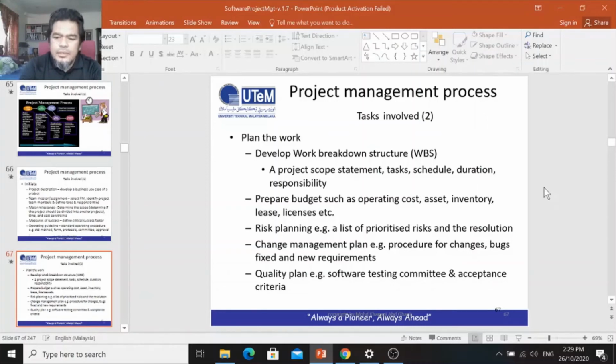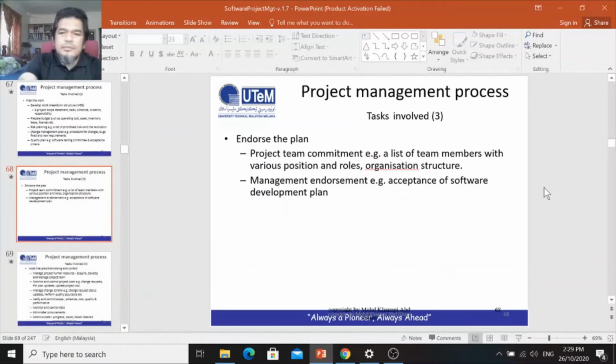Number three, a task involved in the project management process, is to endorse the plan. When you plan it, you need to get the approval or endorsement from your user and also the top management.